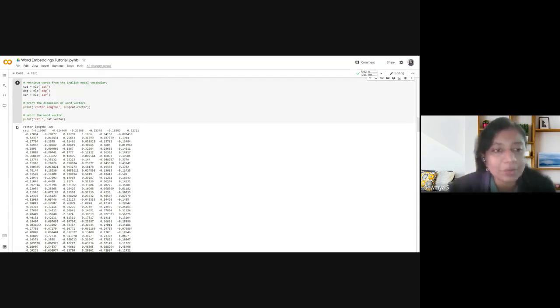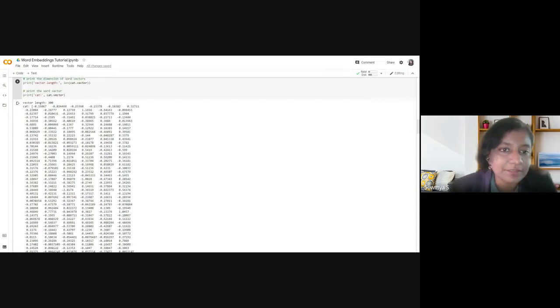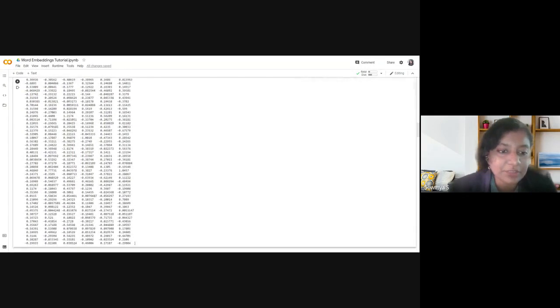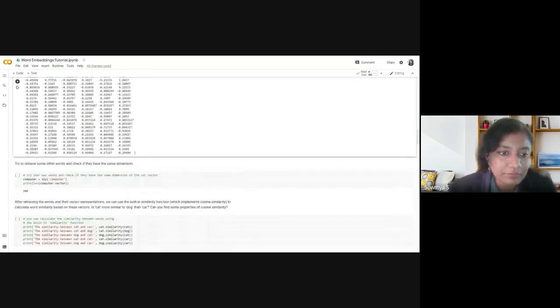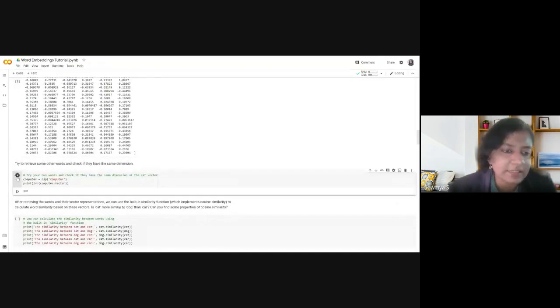What this also means is that the various dimensions of this vector are not interpretable. And that is a drawback we'll be seeing later on. But right now this is how it looks. Now we take any other word and check the dimension. It has to be 300 because that is how the training would have happened. Your hidden layer would have been of size 300.